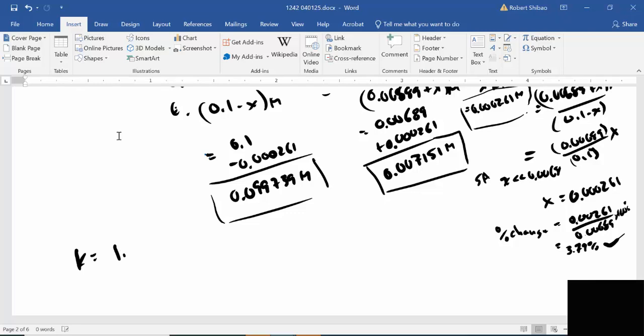This comes out to 1.871 times 10 to the minus 5. It's supposed to be equal to 1.8 times 10 to the minus 5.